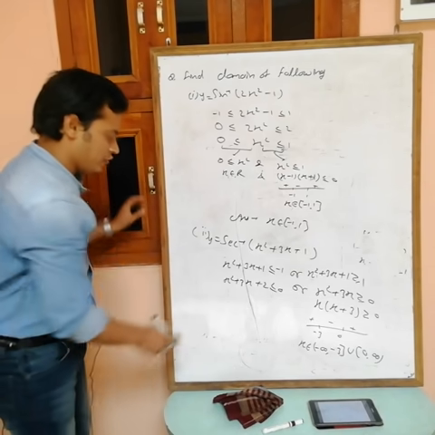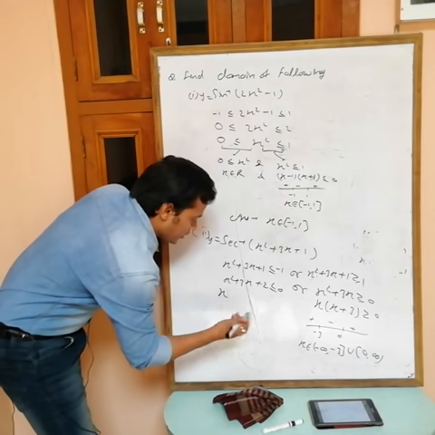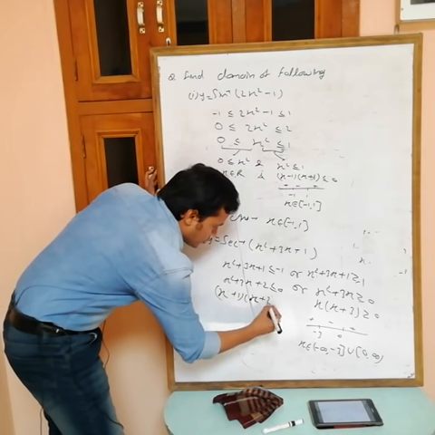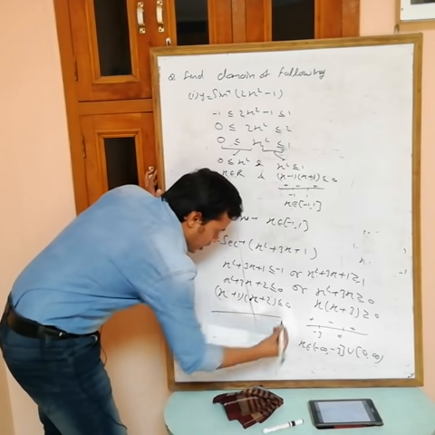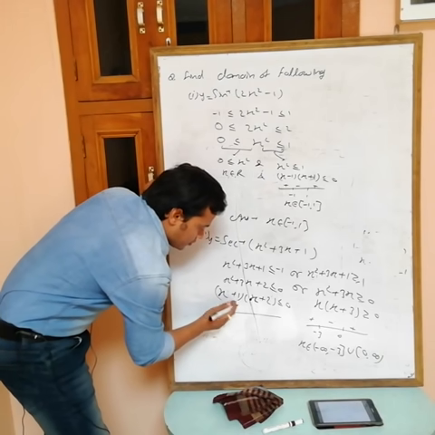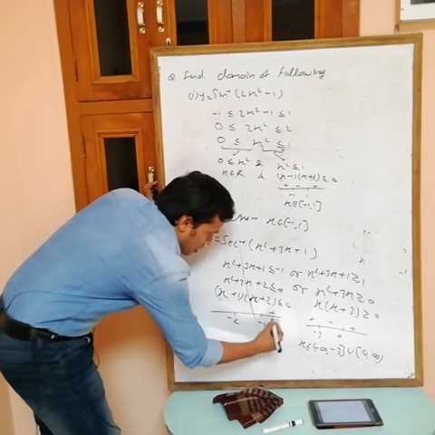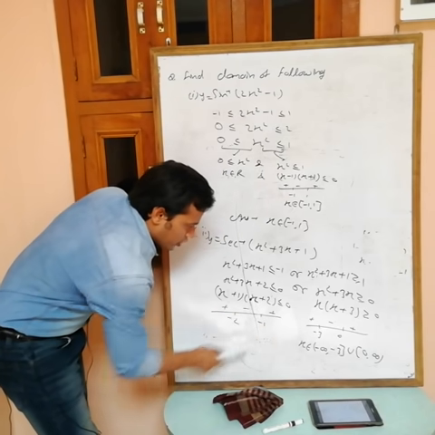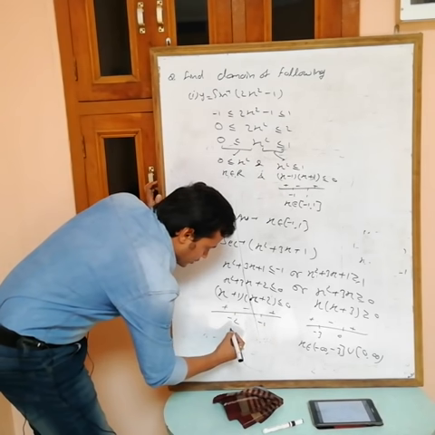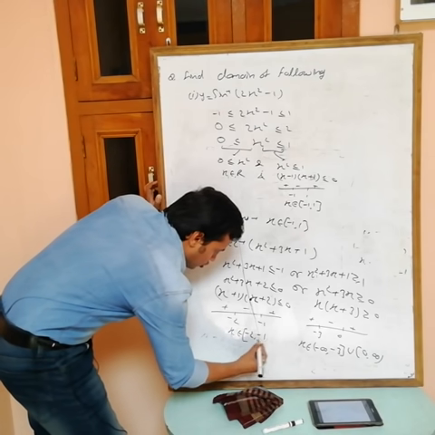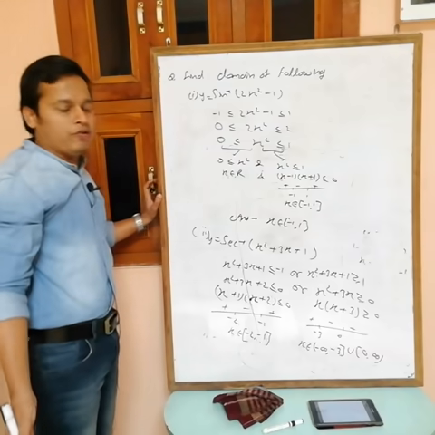Similarly solve this one. If you solve this, factorization gives x plus 1 times x plus 2 less than or equal to 0. Again indicate on the number line: x plus 1 equals 0 gives minus 1, and x plus 2 equals 0 gives minus 2. So minus 2, minus 1, with signs plus, minus, plus. Less than or equal to 0, so take the negative sign. So x belongs to minus 2 to minus 1. Can I include both? Obviously, because there is an equals sign.